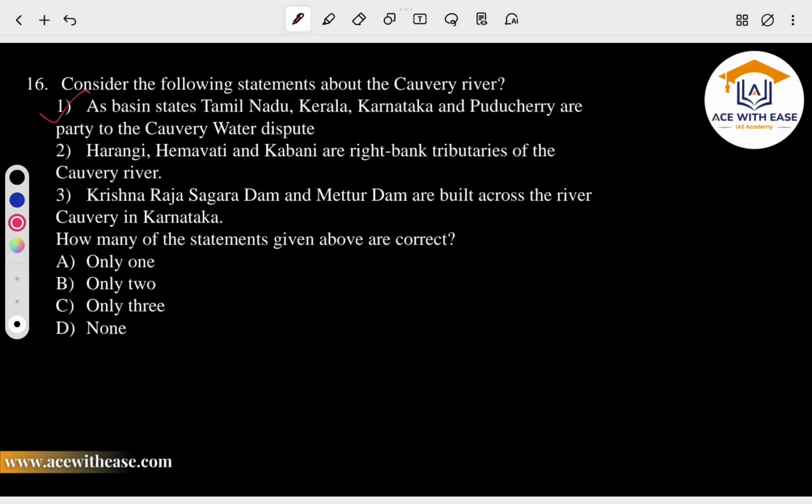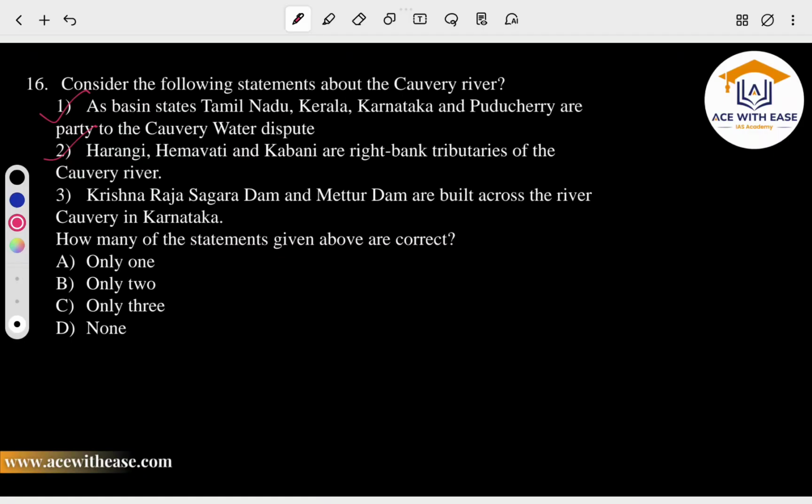Second, Harangi, Hemavati and Kabini are the right bank tributaries of the Kaveri river. This is also a correct statement. Third statement: Krishnarajasagar Dam and Mettur Dam are built across the river Kaveri in Karnataka.